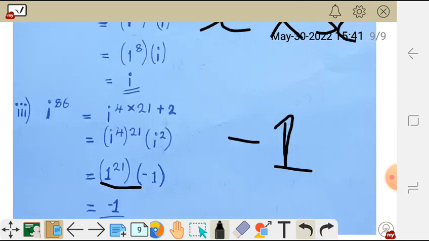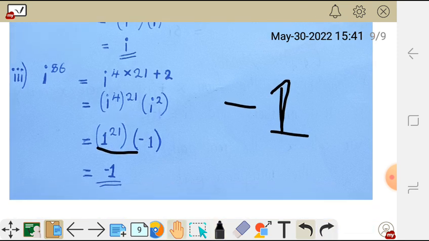So we are going to have negative 1 multiplied by 1 to the power 21. So our answer will be 1 times negative 1, which is just negative 1. So i to the power 86 is just negative 1.